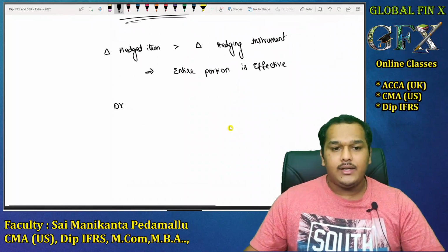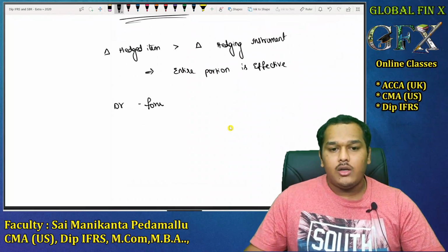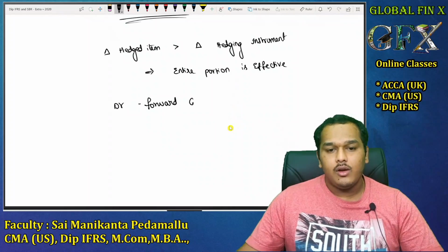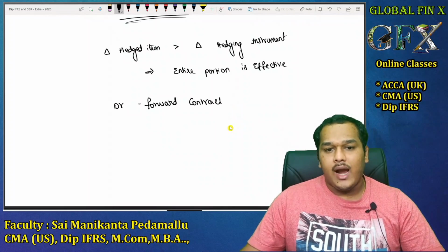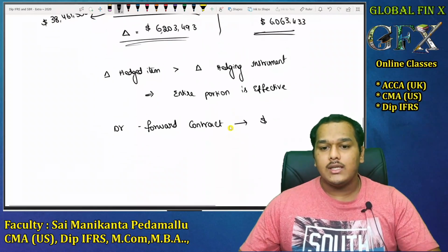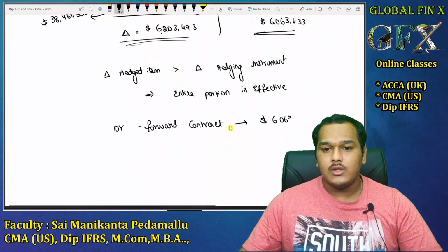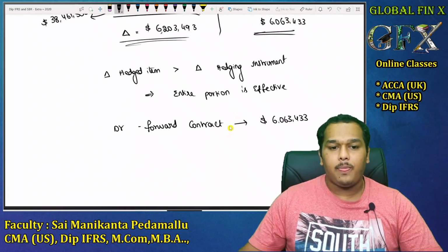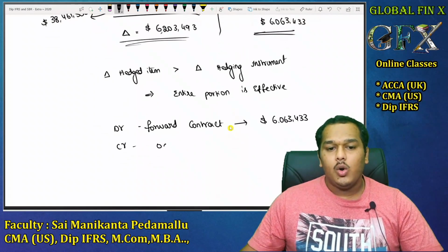So debit forward contract, how much? $6,063,433. Credit OCI.